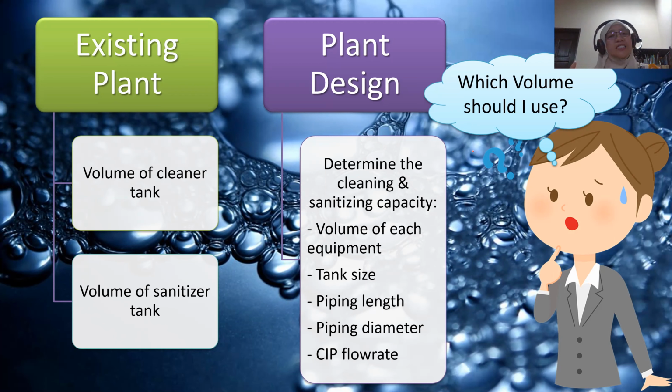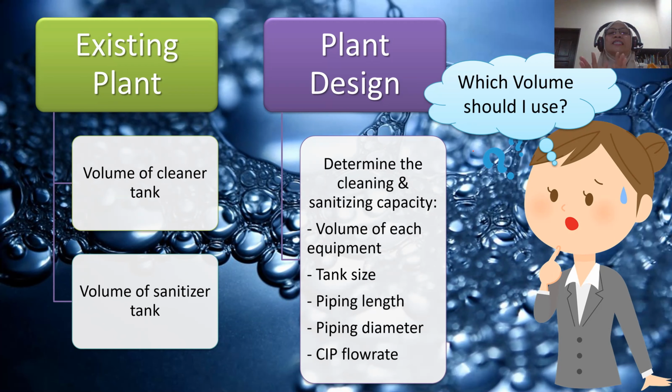But for a plant design that is ongoing, where the plant does not yet exist and you are in the process of designing it, you need to determine the cleaning and sanitizing capacity by collecting information on the volume of each equipment, the tank size, the piping length, piping diameter, and CIP flow rate.